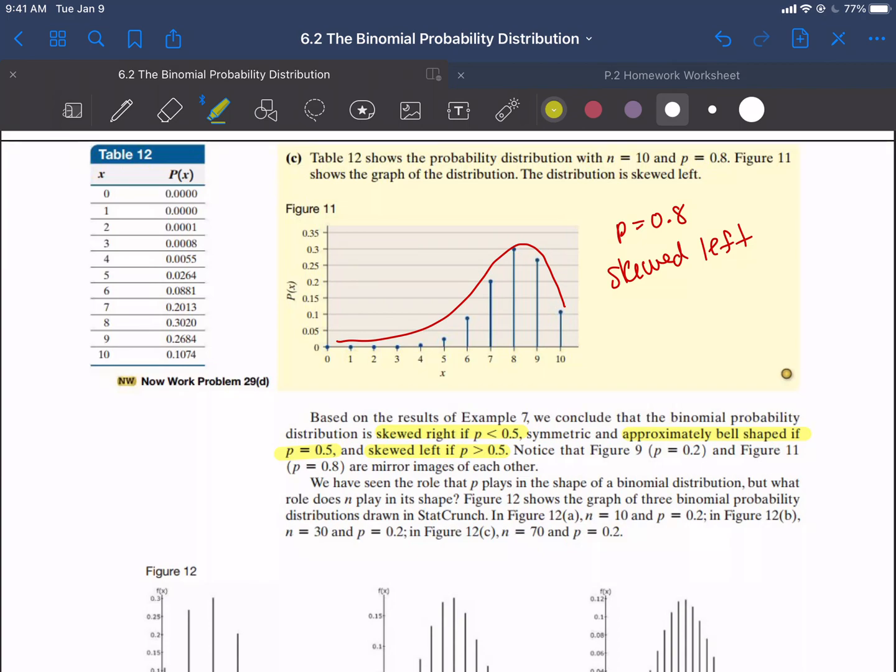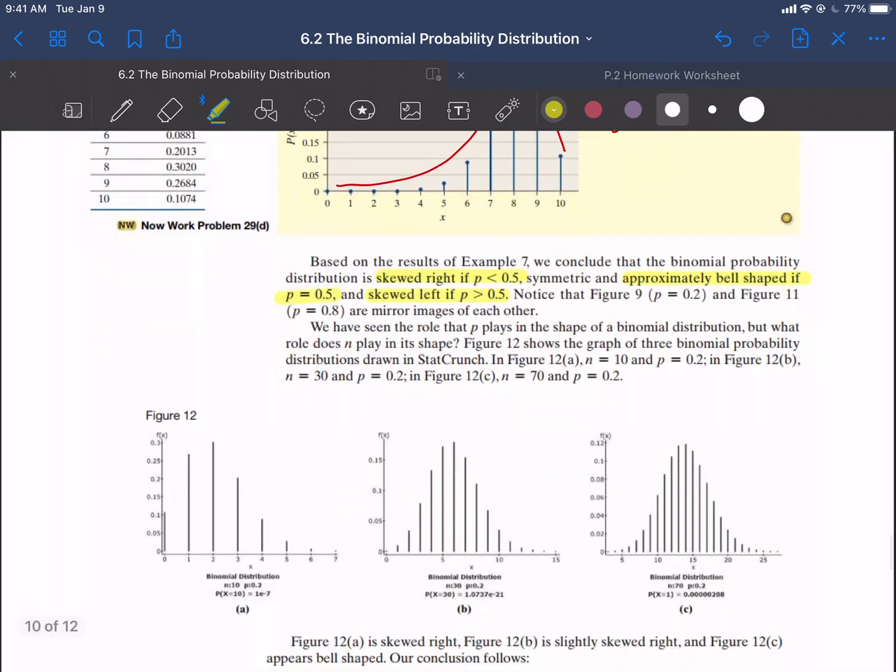Notice that the first graph A and the third graph C are mirror images of each other.